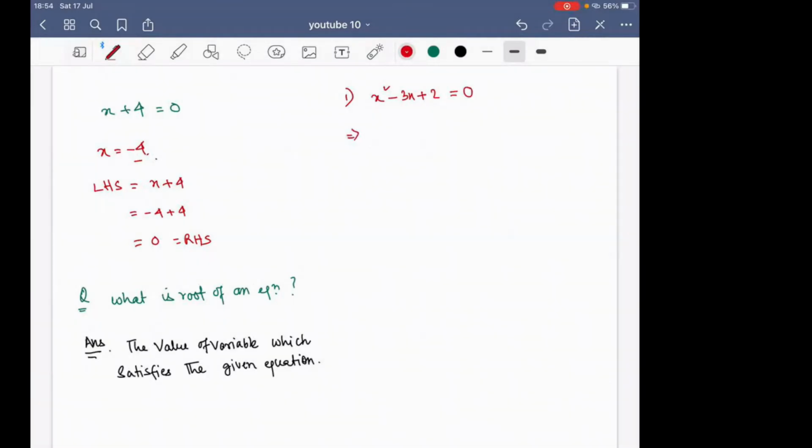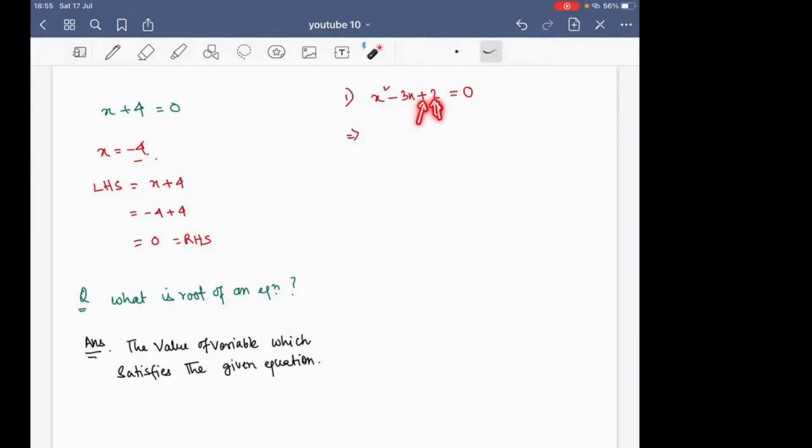We can factorize this quadratic polynomial. We can factorize this by splitting the middle term. We can split the 3x. Okay, how do we do this? On multiplication, we have to get a value which should be 2.